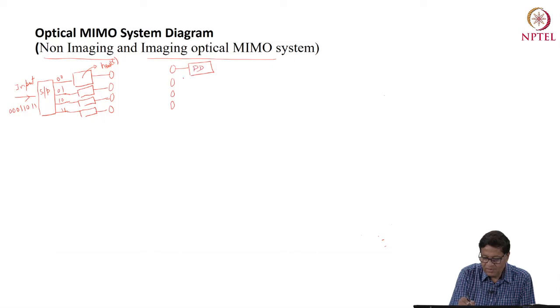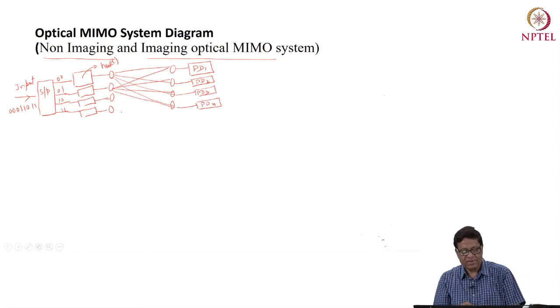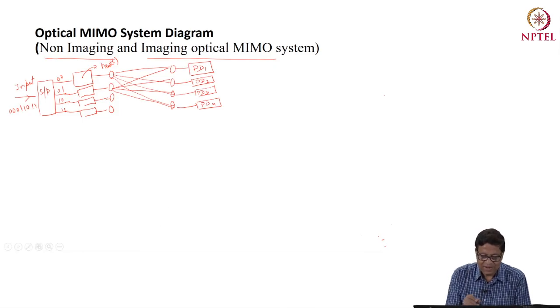And this is your photodiode. This is photodiode 1, this is photodiode 2, so on and so forth. This is PD3, this is PD4. Now, as I mentioned, the light from this LED can fall onto all the receivers. Similarly for this one. I'm not drawing for the third and the fourth one. It will complicate things here.